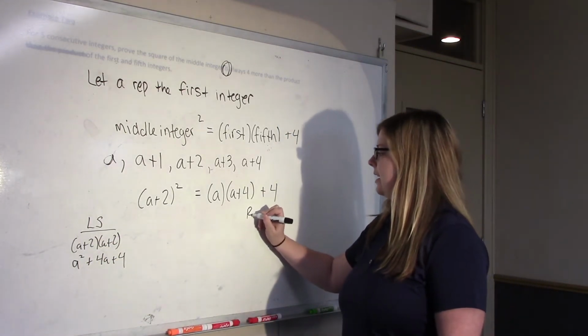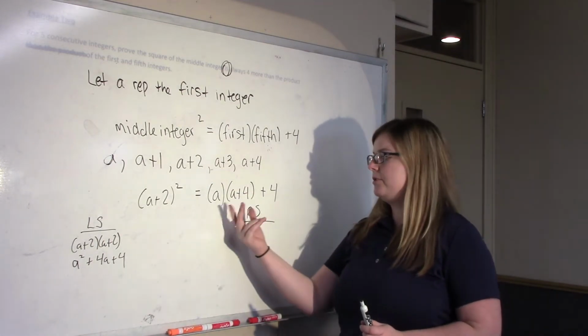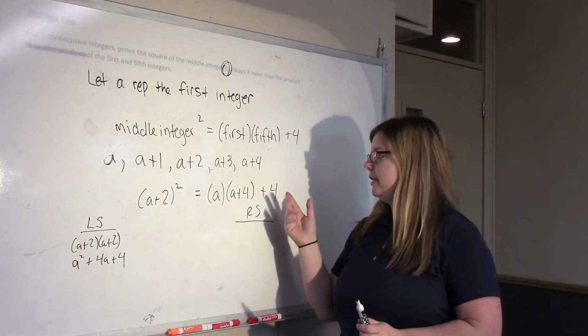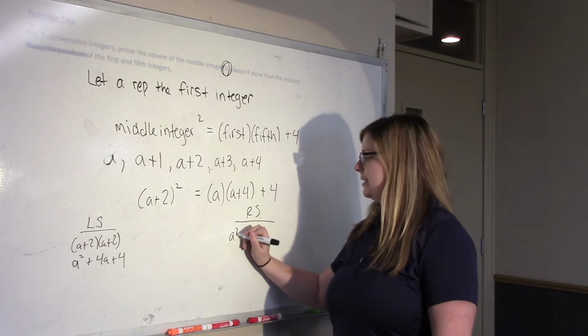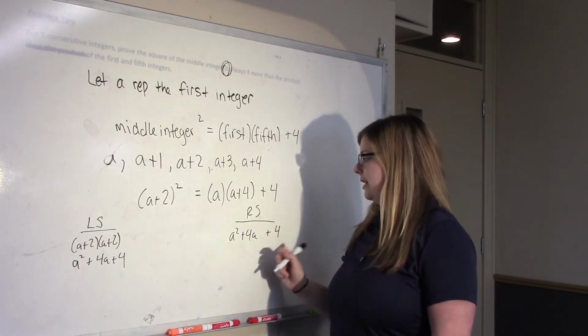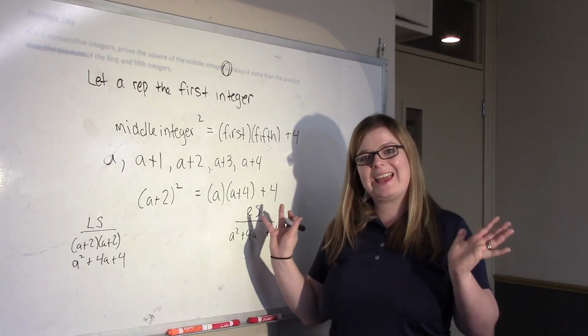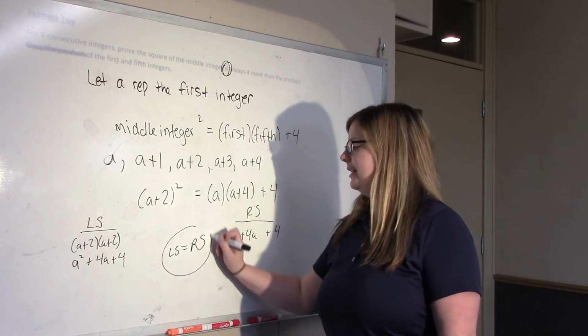Our right side, so be careful, make sure you do BEDMAS. You do this multiplication, and you keep this plus 4 out here because it's not being multiplied by anything. So you get A squared plus 4A plus 4 on the outside. Oh look, they're the same. Yay, we did it. Left side equals right side.